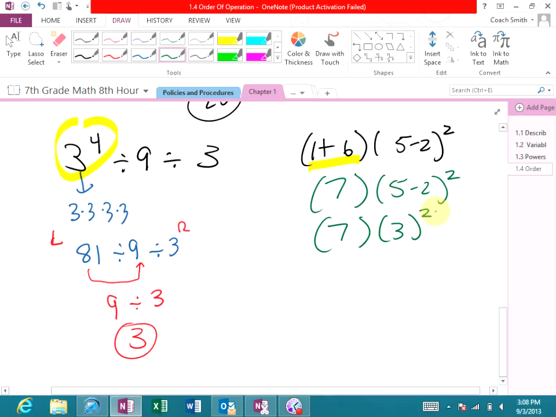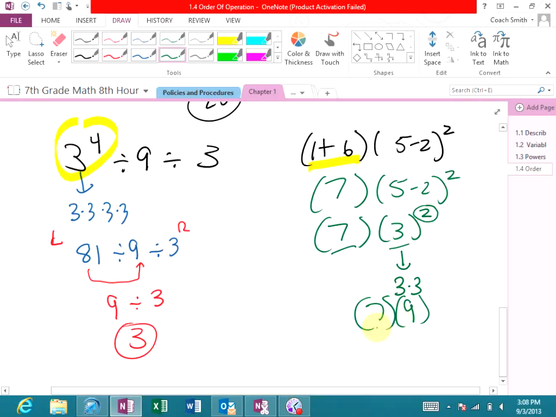So there's grouping symbols, but I can't do anything inside the parentheses with the 7. I can take care of that. So this is 3 times 3, which is 9.